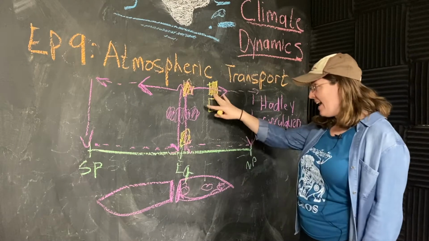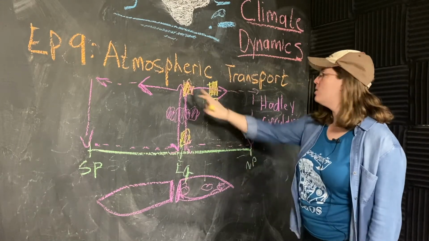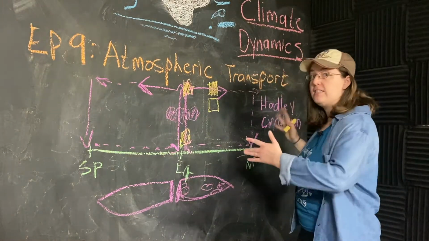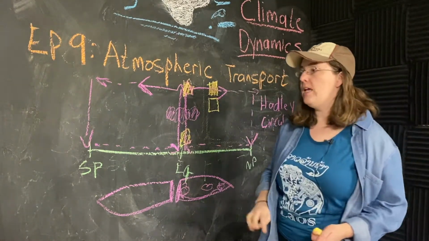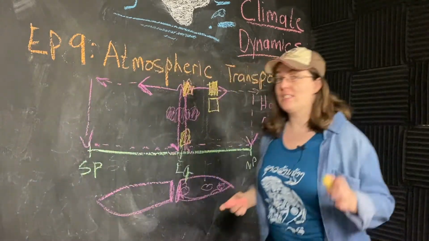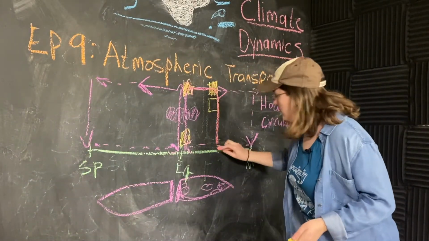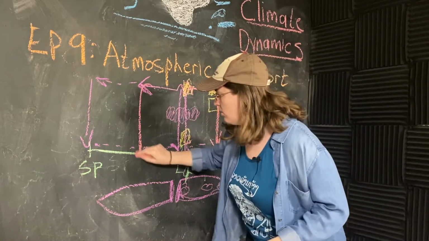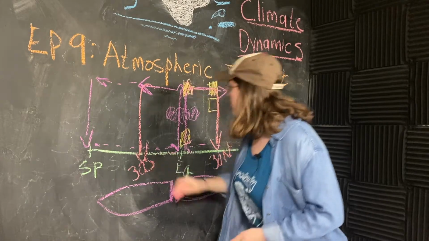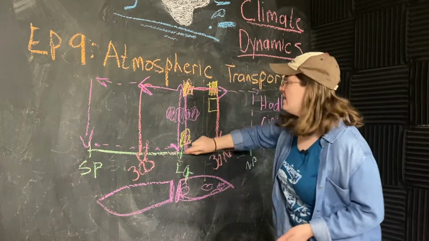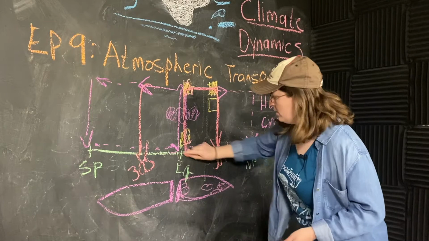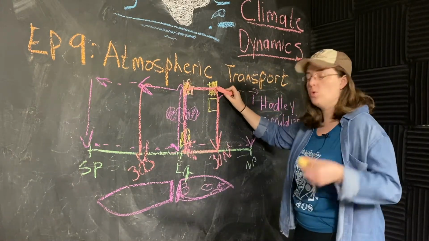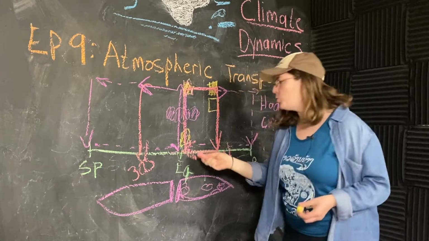So what we get in actuality is not an equator-sized convecting cell. In reality, the cell breaks down at about 30 north and also 30 south. It's the same process: we heat it, it rises, it moves poleward, it cools, it sinks, and then it moves back.